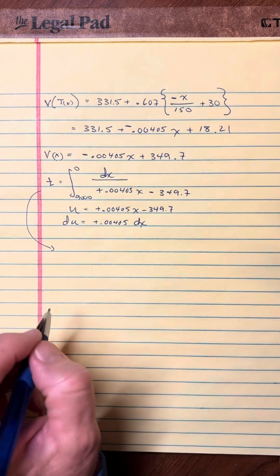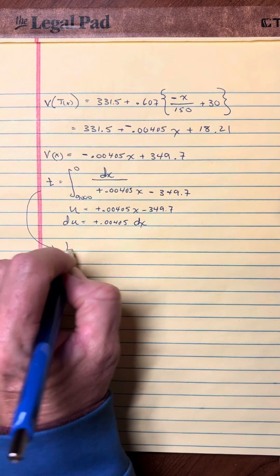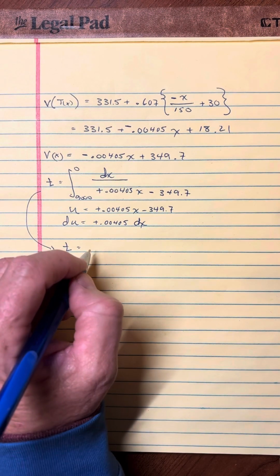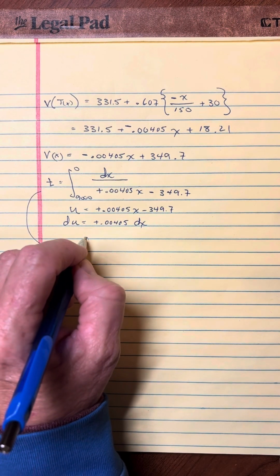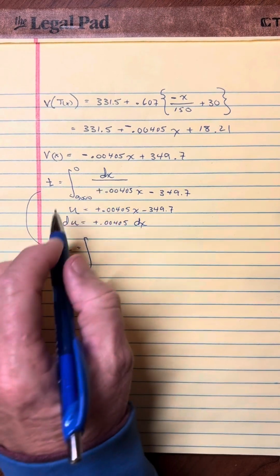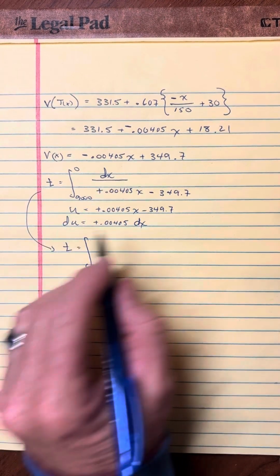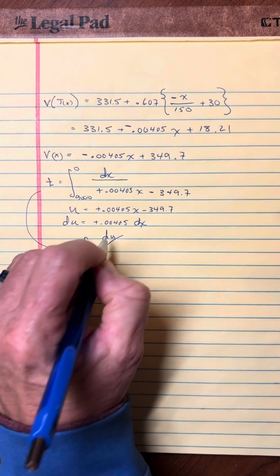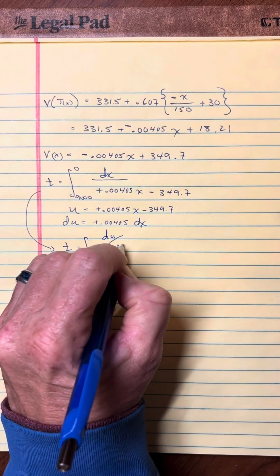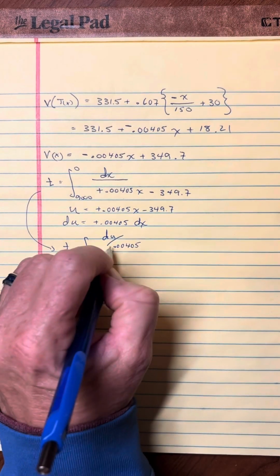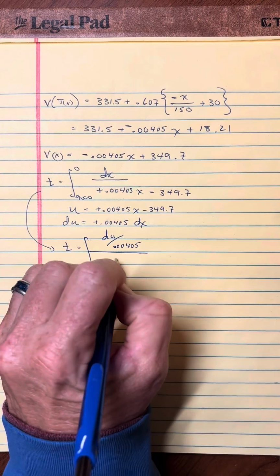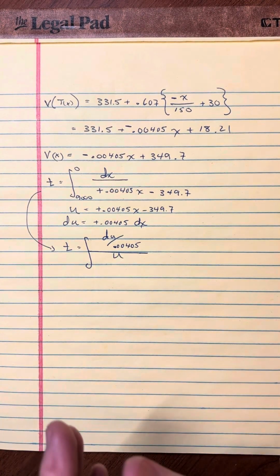And so when we take this equation down for time, we can replace the integration of dx with du. So in place of dx, I'm going to put du over 0.00405. And then I'll put a du.